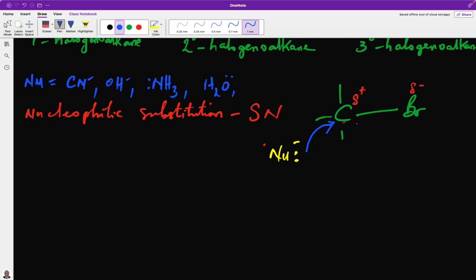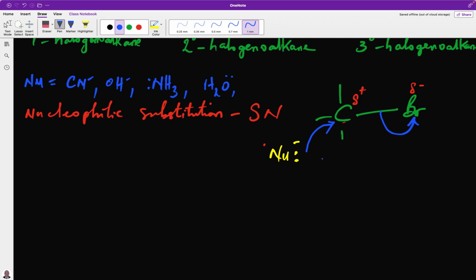Remember the carbon-bromine bond: there is a pair of electrons here. As the nucleophile approaches, the electrons in this bond are repelled towards bromine. And when they are repelled towards bromine, it results in a heterolytic fission with bromine taking all the electrons.